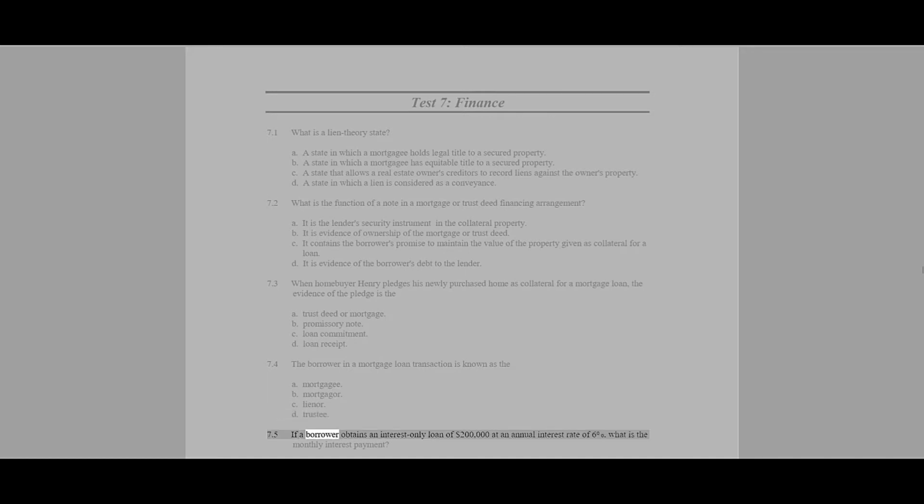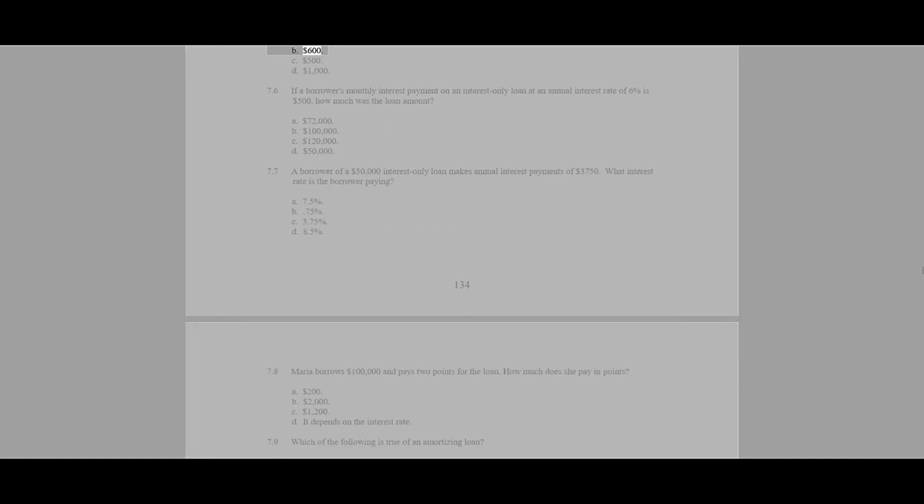7.5 If a borrower obtains an interest-only loan of $200,000 at an annual interest rate of 6%, what is the monthly interest payment? A. $1,200. B. $600. C. $500.